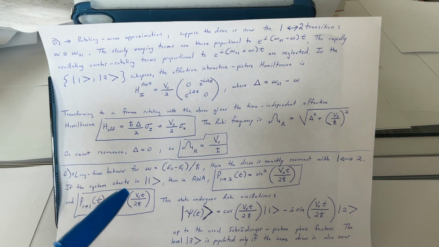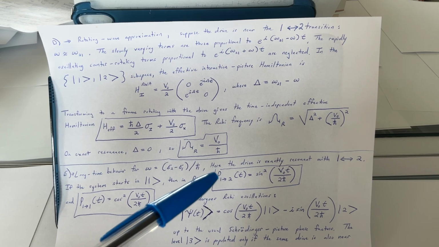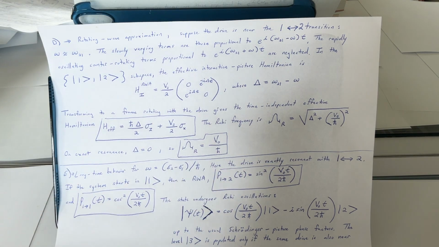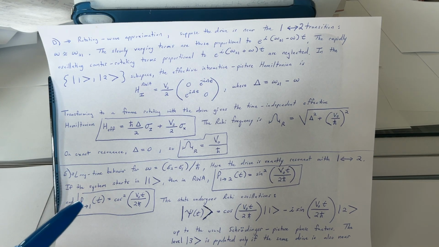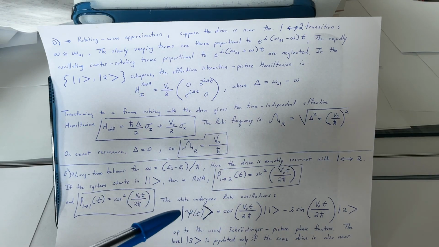And if the system starts in ket 1, then in RWA, this P 1 to 2 of T equals sine squared of V naught T over 2 H bar. So here, P sub 1 to 1 of T equals cosine squared of V naught T over 2 H bar. So the state undergoes Rabi oscillations here.